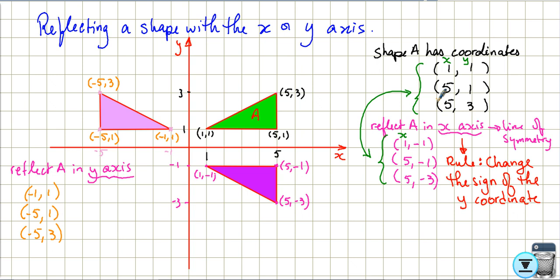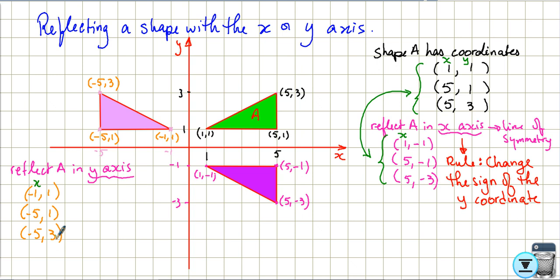Let's see what's happening. The x-coordinate here is negative. The x-coordinate of shape A is positive. So as we have seen, the sign of the x-coordinate has been changed. But when we look at the y-coordinate, this is 1, 1 and 3, and this is 1, 1 and 3. So there is no difference at all.